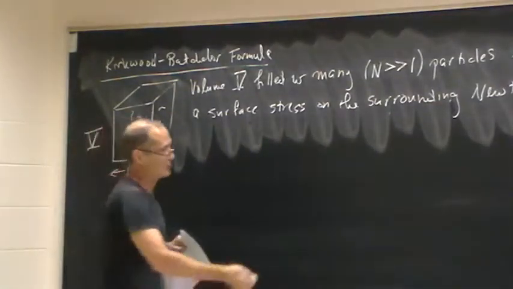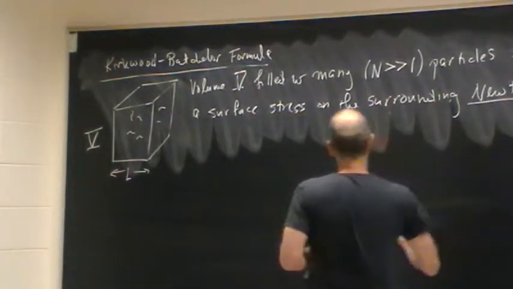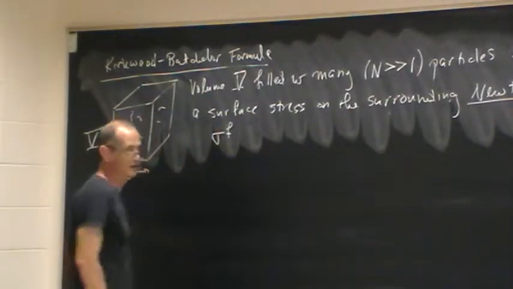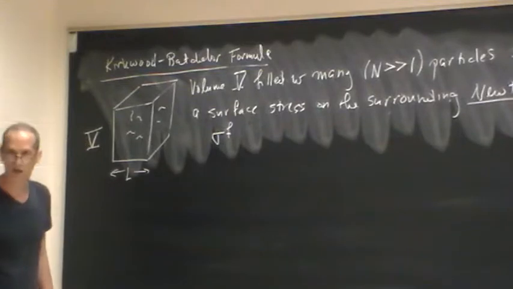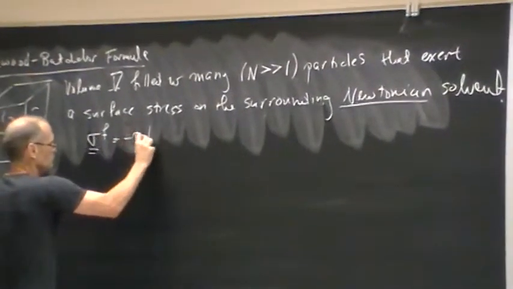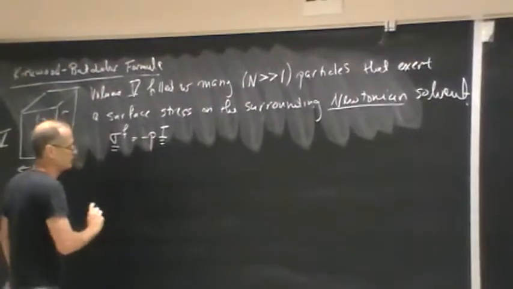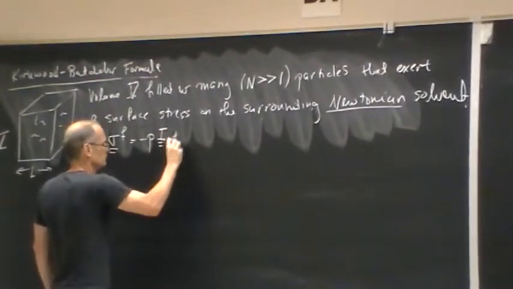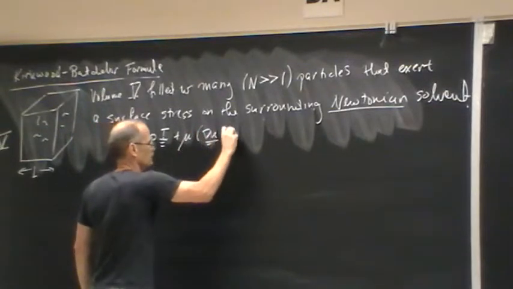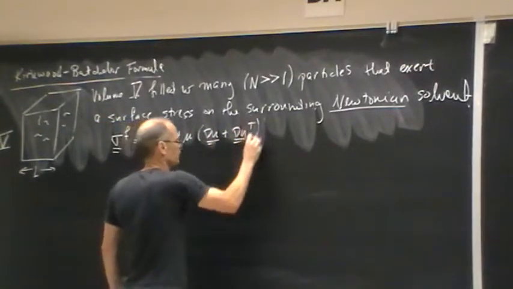So that means Newtonian, that means that I have, I'll call it the fluid phase. I have a stress tensor for the fluid phase, which is just a pressure piece plus mu times grad U plus grad U transpose.